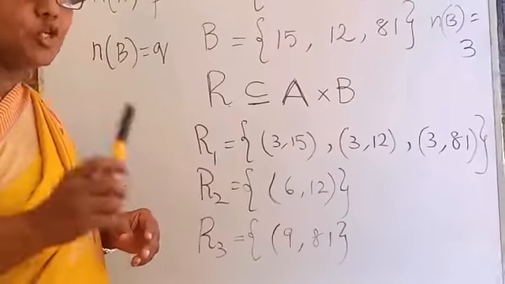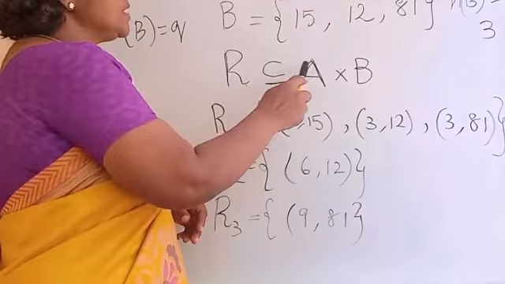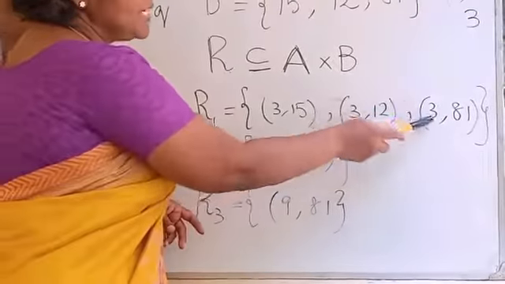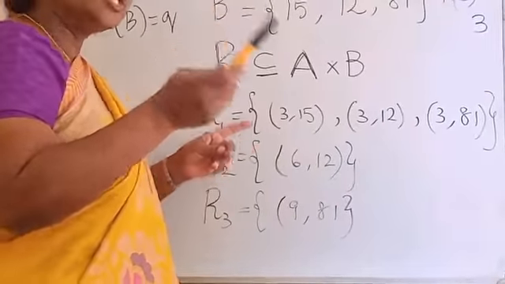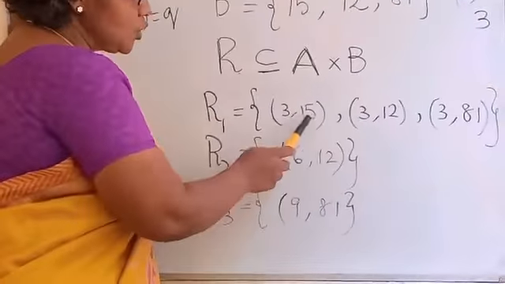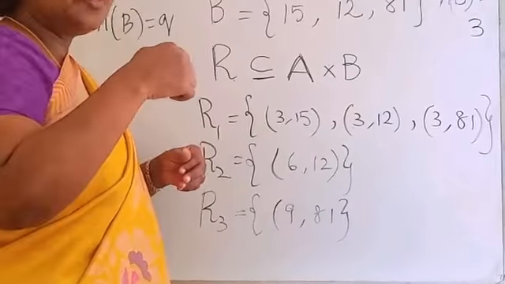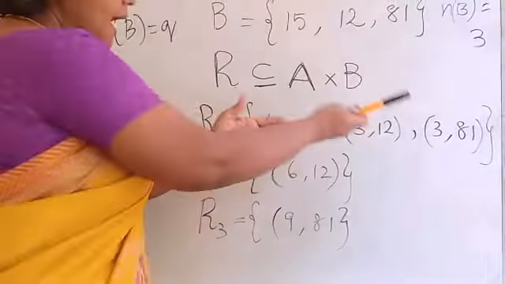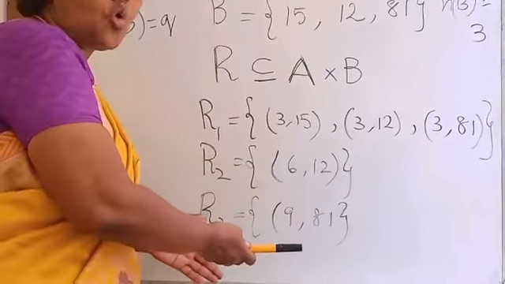From these examples, you'll be able to understand that R can be a subset of A cross B. These were the ordered pairs that were present in the whole set A cross B. Just relook into it, you'll see that all these ordered pairs were present in A cross B. From A cross B, I am taking only certain ordered pairs and I am naming it as R1, R2, R3 and so on.